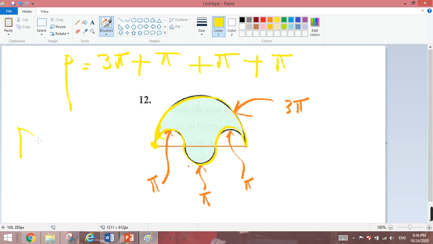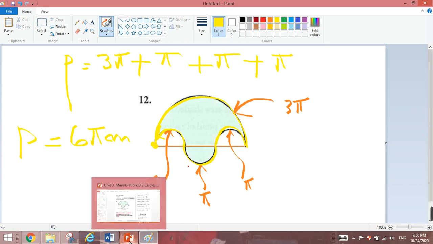So P is equal to 3 pi plus pi is 4 pi, 4 pi plus pi is 5 pi, and 5 pi plus pi is 6 pi centimeters, and this is how I calculate the perimeter of this shape.